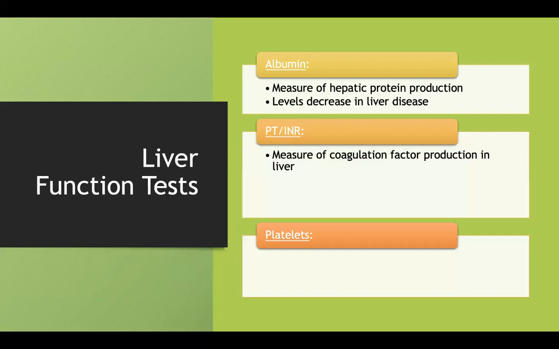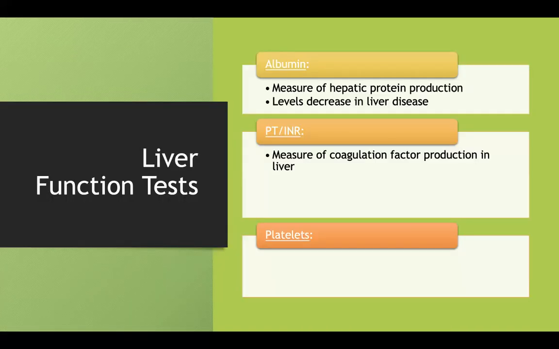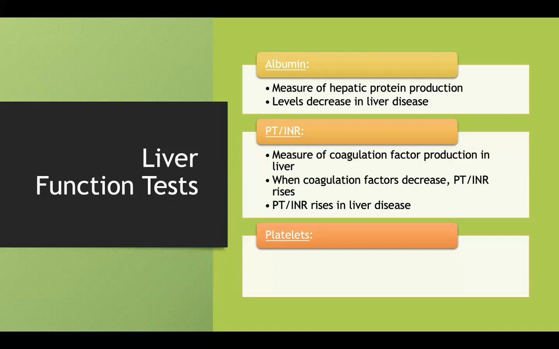PT-INR is a measure of our coagulation factors in our liver. So remember here that our liver is responsible for several coagulation factors, 2, 7, 9, 10, and then protein C and S. And when our coagulation factors start to decline, our PT-INR levels will rise. And just as it does in liver disease.